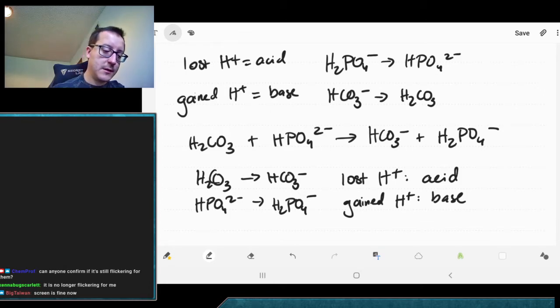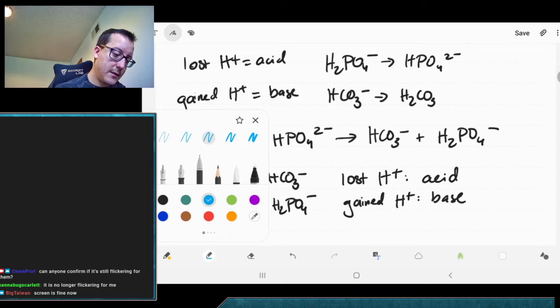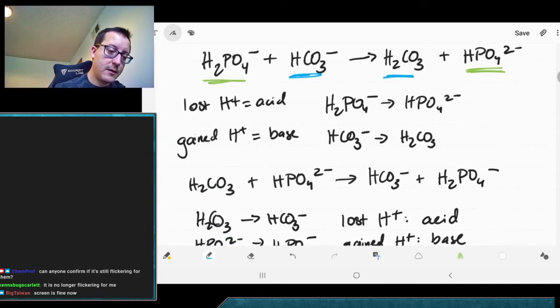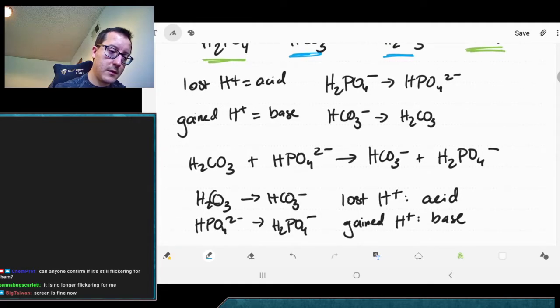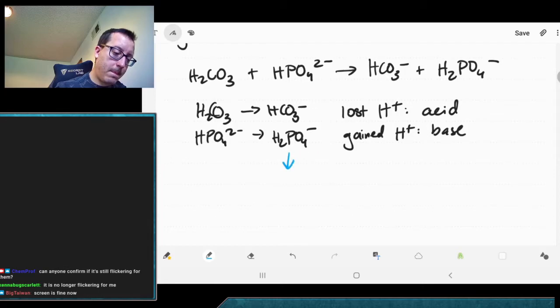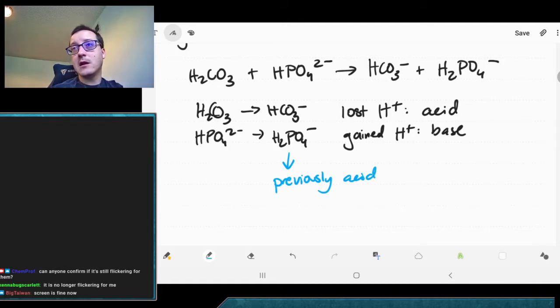Oh. Notice that this was the acid in the last reaction, and now it's a base. And you'll see that it's exactly the opposite.